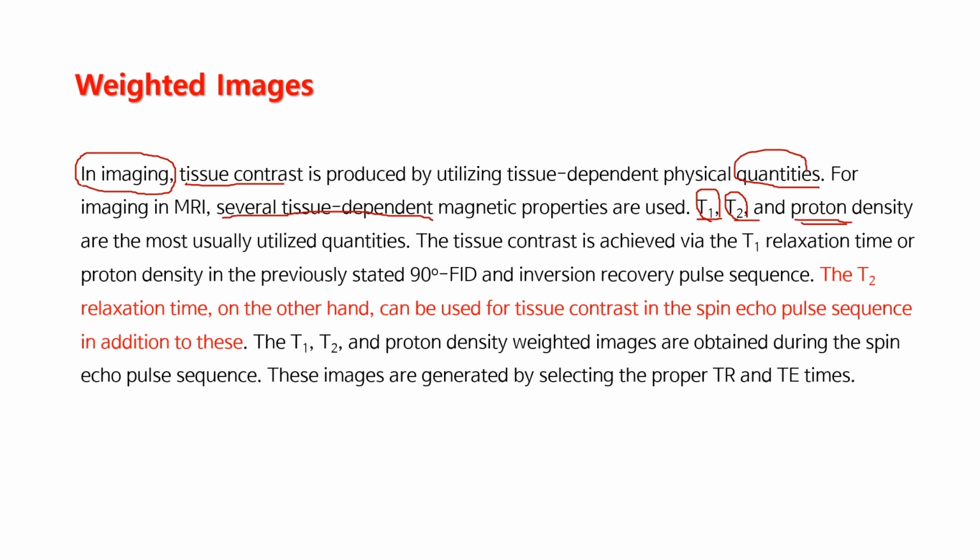The T1 contrast is achieved via T1 relaxation time or proton density, and the previously stated 90-degree FID and inversion recovery pulse sequences. We saw what the 90-degree FID and inversion recovery pulse sequences were, and previously we already discussed that.